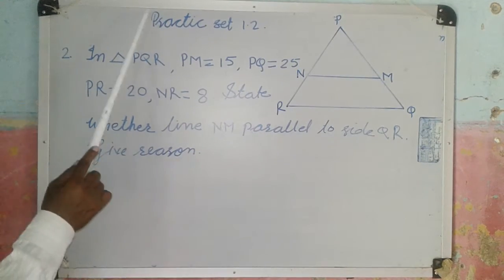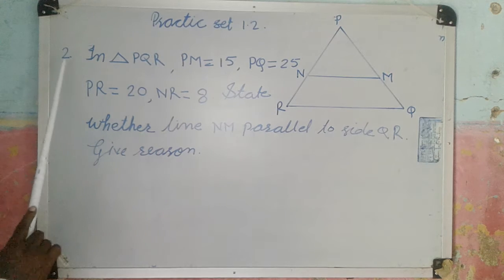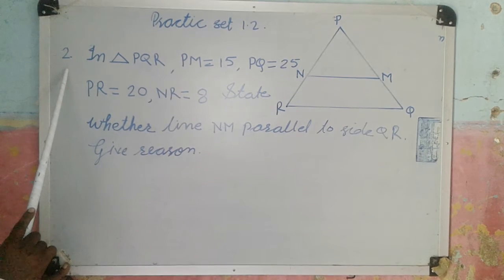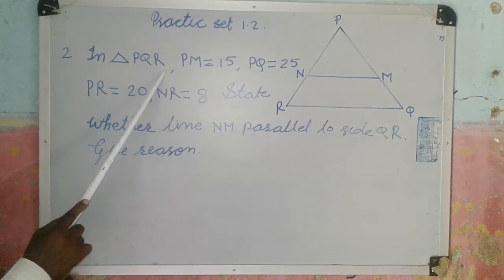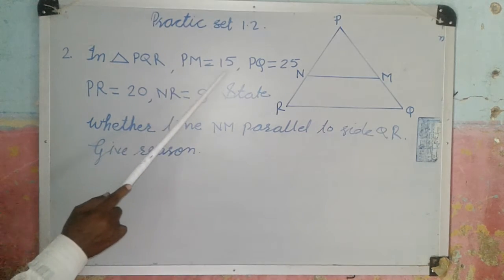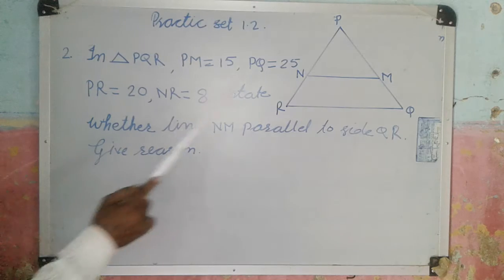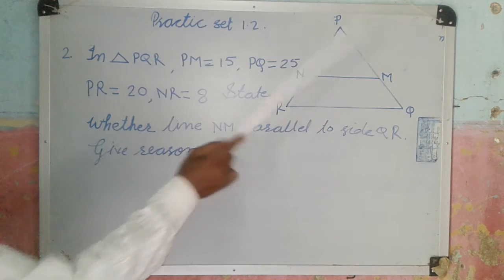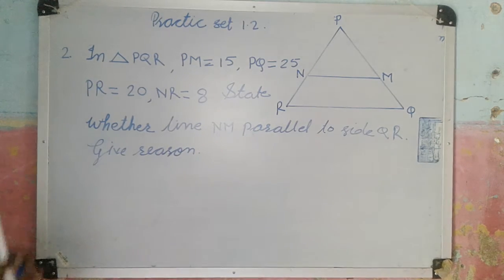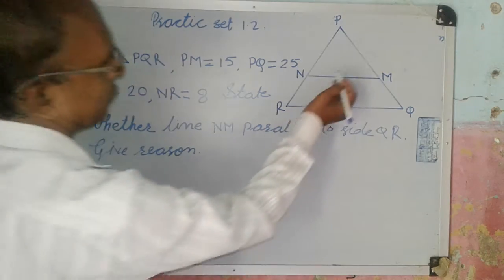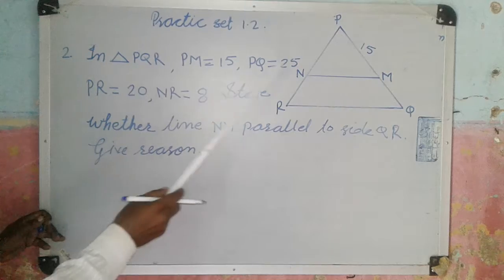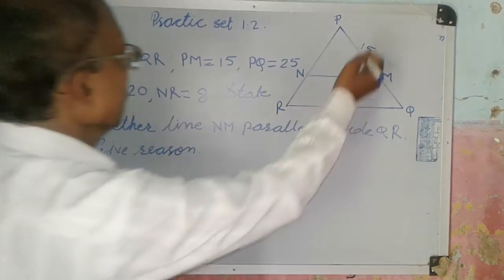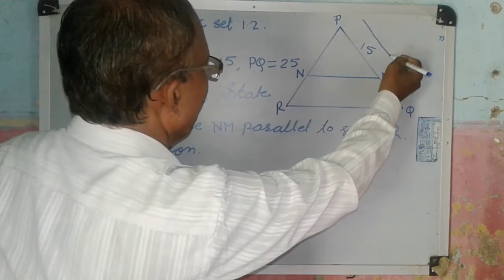Now see here, practice set 1.2, question number 2. In triangle PQR, PM is equal to 15. PM is given 15. PQ is equal to 25. This total length PQ.